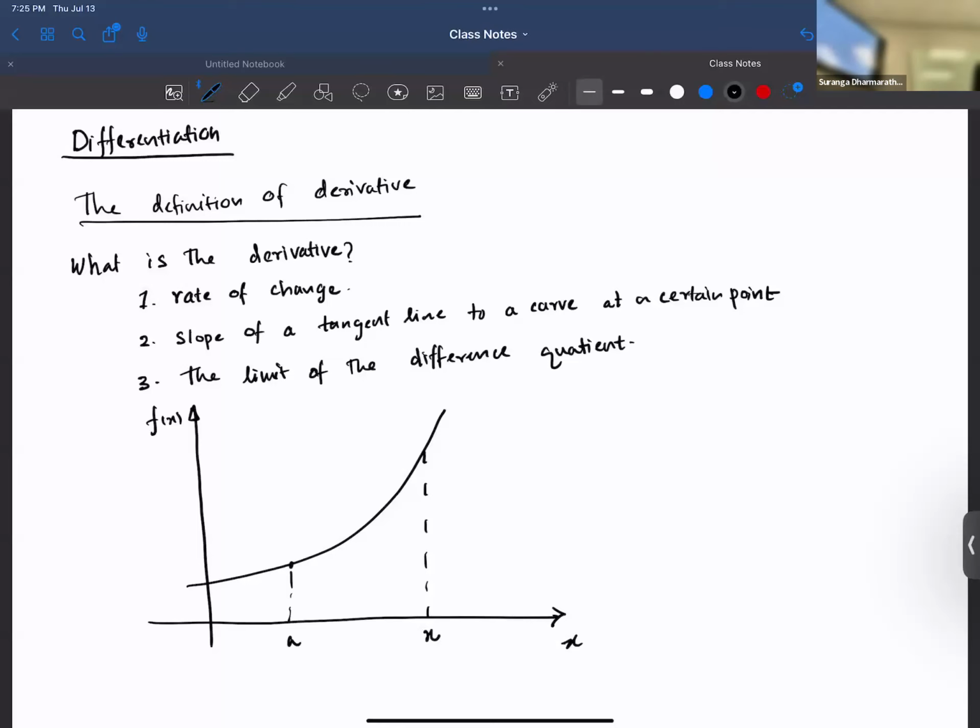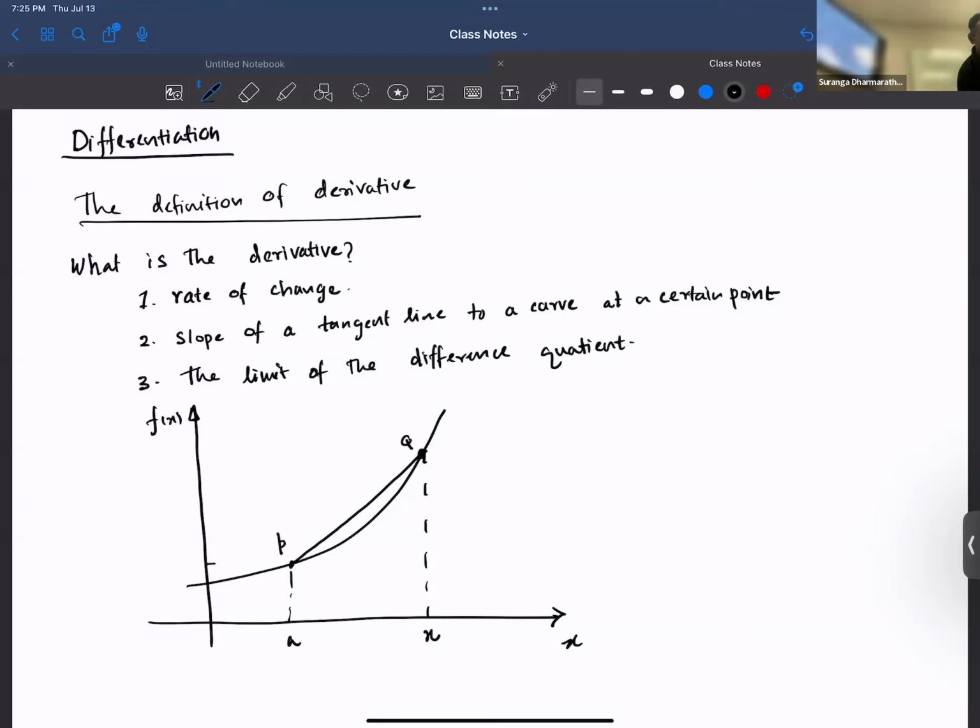Right? Some value of x. And then in between those two, I can draw a line which connects those 2 points, right? Let's say that point is P and Q, right?